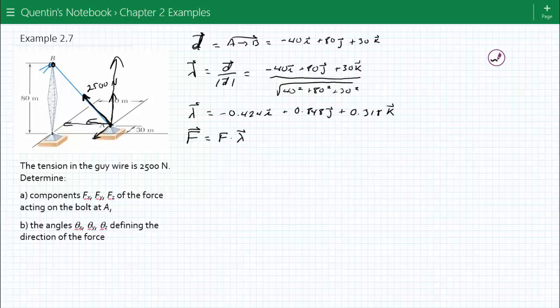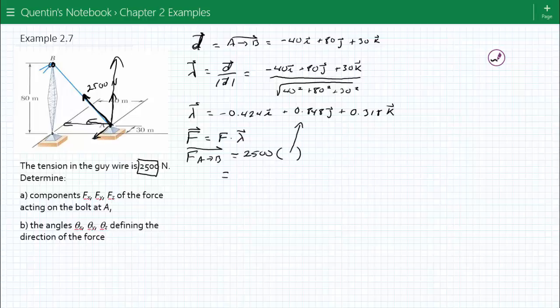So what is the magnitude of this? Well, it's 2,500 newtons. We already know that. We've been given that, right? You can put a gauge in there. You can put a spring scale in there. You can measure that, and now you know the direction. So the force vector, the force from A to B, is going to be 2,500 times that vector, which I don't feel like rewriting.